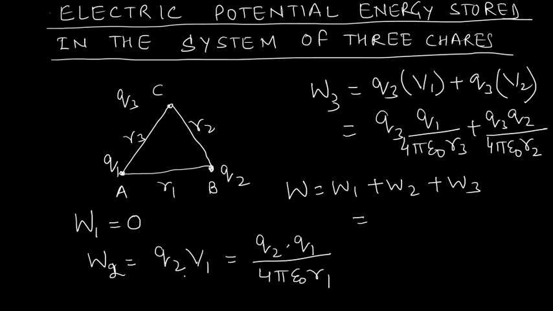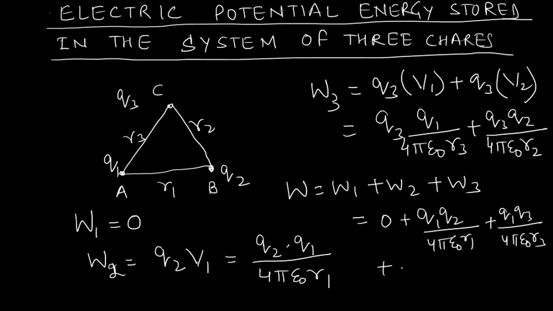And after putting the values of W1 plus W2 plus W3, we get a formula, that is the potential energy stored due to Q1, Q2, then Q2, Q1, Q3, then Q3 and Q2. And in this way, we can determine the electrical potential energy due to a system of n charges.